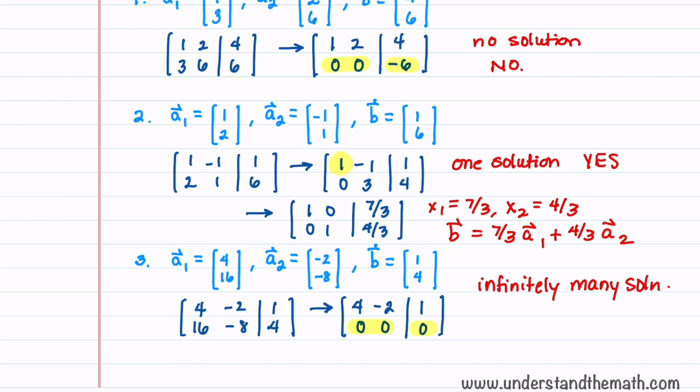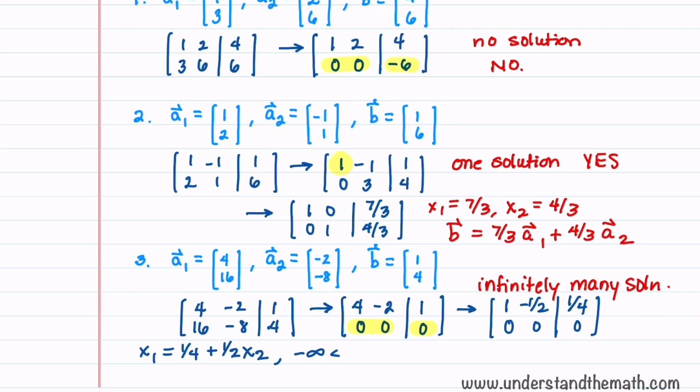To see what our solutions look like, let's put this matrix in reduced echelon form. We get the matrix 1, -1/2, and then 1/4 with zeros on the bottom. This tells us that x1 is equal to 1/4 plus 1/2 x2. x2 can then be any number.